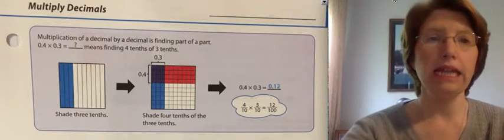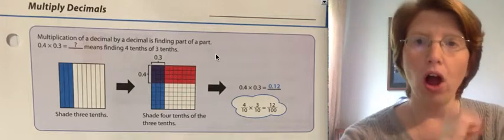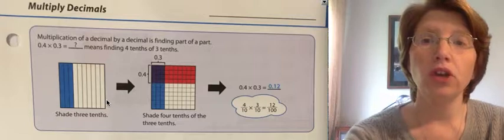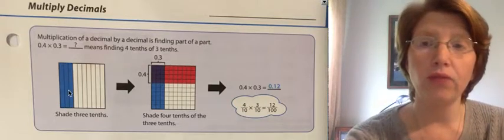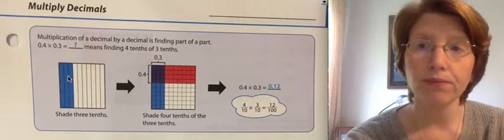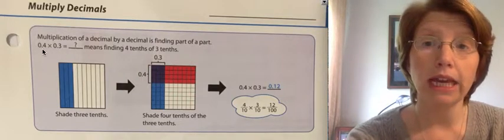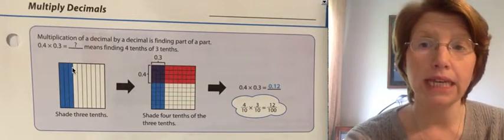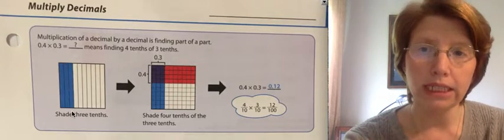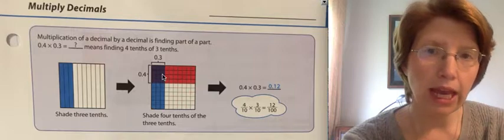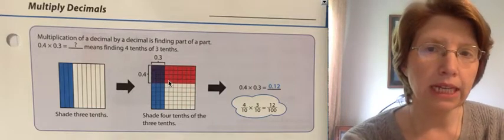And we're going to see this on the grids that they give you on the page. We started with 3/10 because we're taking 4/10 of 3/10. So we start with 3/10 this way, and then we're going to color in 4/10 this way. Whatever overlaps is our answer.